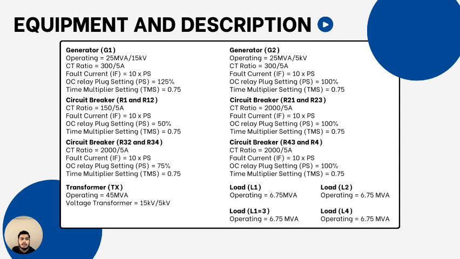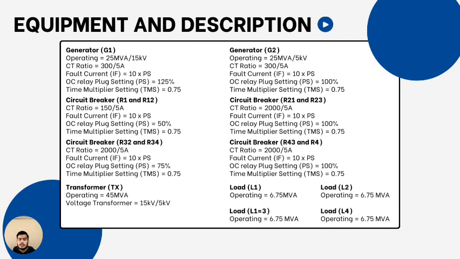As you can see, for circuit breakers R1 and R12, our CT ratio is 150 over 5 ampere, while circuit breakers R21 and R23, R32 and R34, and also R43 and R4 have the same ratio, which is 2000 over 5 ampere. But the plug setting is different on each circuit breaker: R1 and R12 is 50%, R21 and R23 is 100%, R32 and R34 is 75%, while lastly R43 and R4 is 100%.